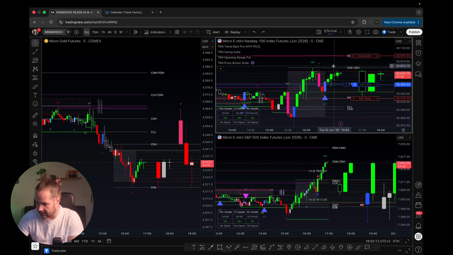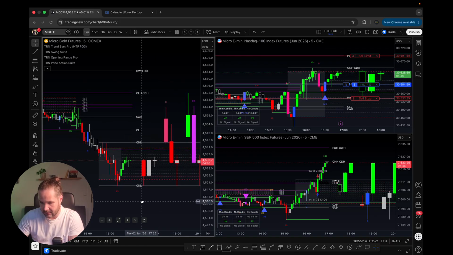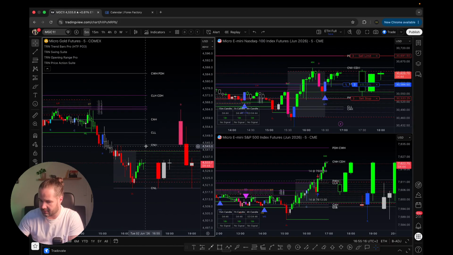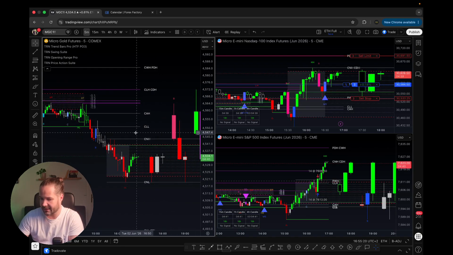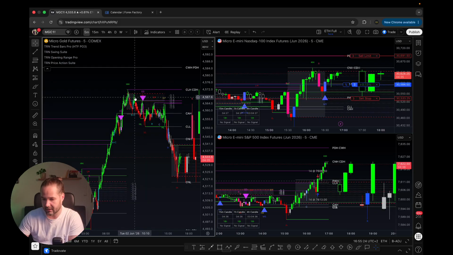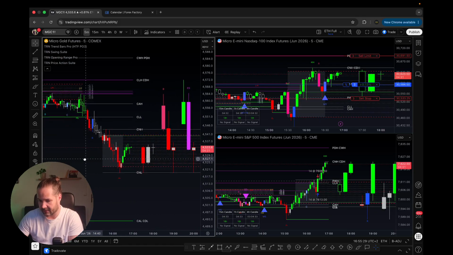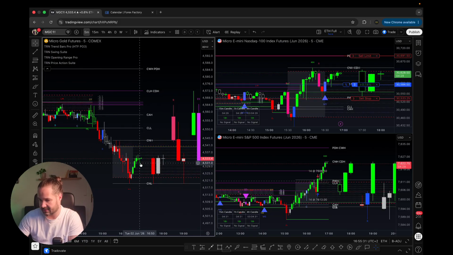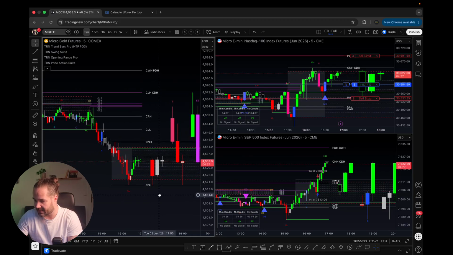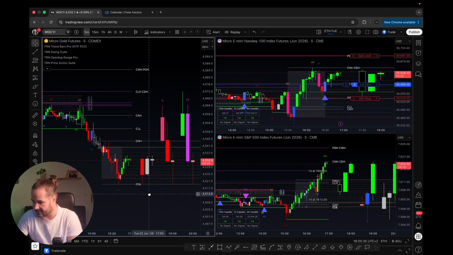So let's see. Gold, yeah, okay, we still have some space to the opening range high to see if we get a reaction there to enter a short and to find a continuation signal after this strong downtrend. But there's a lot of space, so I don't know if we will get this signal during this session.